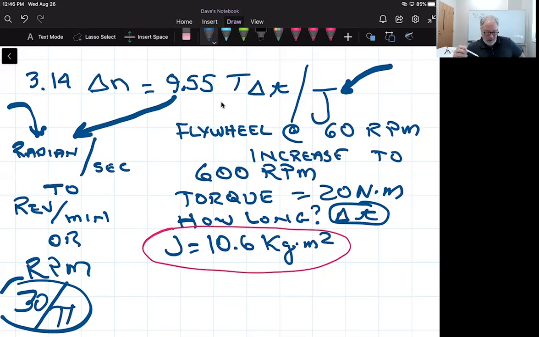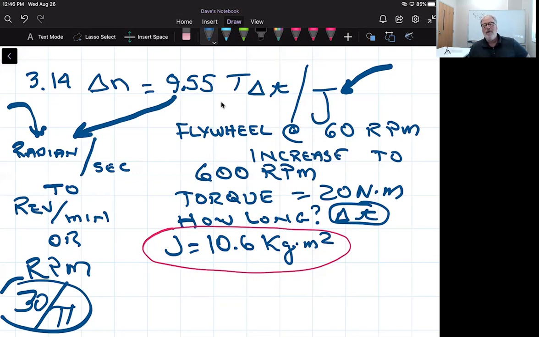So the specific problem he has for us is on page 57, example 3.11. We've got a flywheel, which we should know what that is now, and it's turning at 60 RPMs. We need to increase that speed of rotation from 60 to 600, and we're able to do that by applying a torque of 20 newton meters.